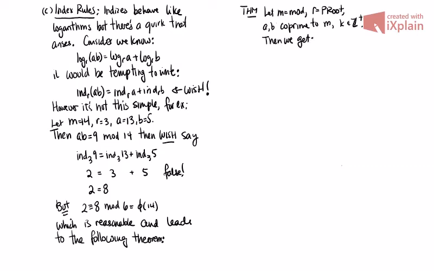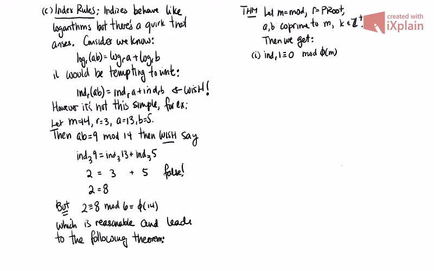So, 1. And for each of these, think of what this would say if it were a logarithm statement. The first one says that the index base r of 1 is congruent to 0 mod phi of m. The corresponding familiar logarithm statement would be that log base r of 1 is 0, which makes sense, right?